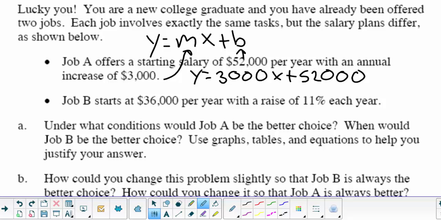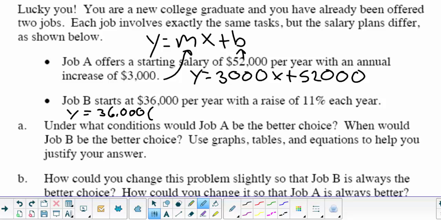So if we want to know how much we make after 10 years at this job, we plug in a 10 for x and see what we get. So job B is saying we get a raise of 11% a year. So this is an exponential growth problem. So what we'd want to do here is have y equals, we have our starting point, 36,000.